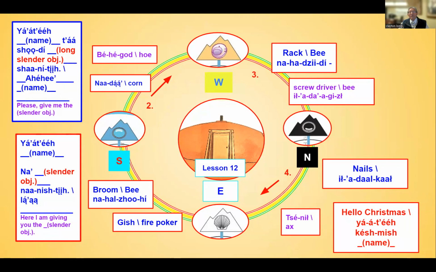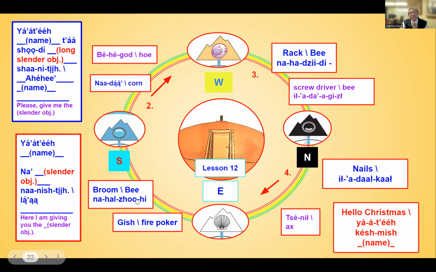All right, we're going to look. What are some T? Well, here, a broom. Be na hal johe. Say it about 4 times to yourself. Be na hal johe. The last sound just goes out.